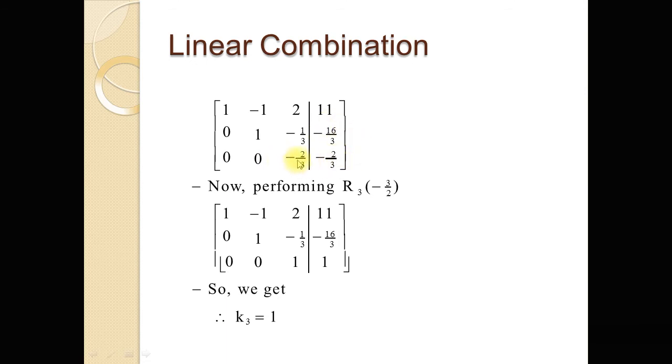Now multiplying the third row by -3/2, we obtain the echelon form 1, -1, 2, 11; 0, 1, -1/3, -16/3; and 0, 0, 1, 1.